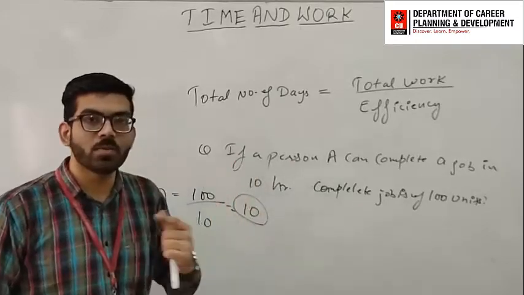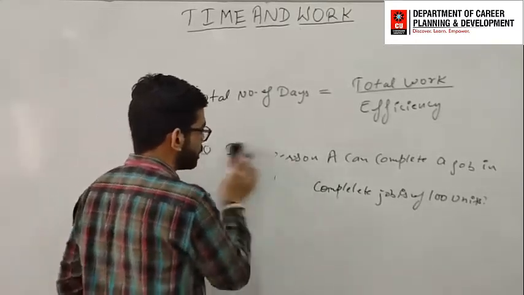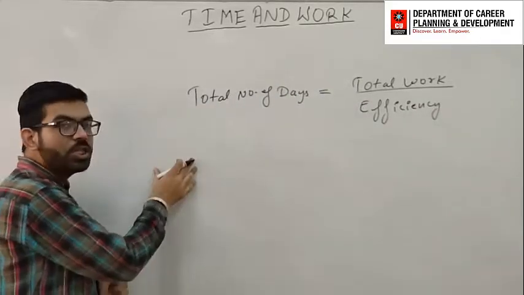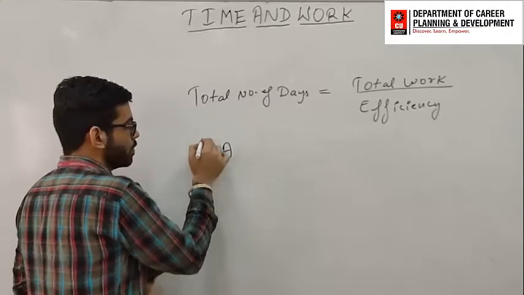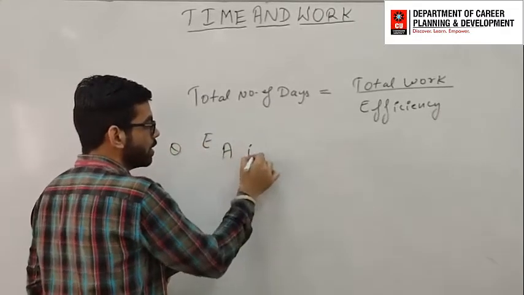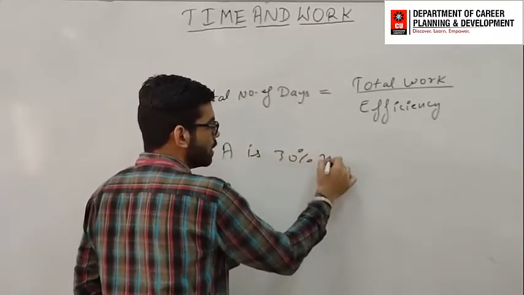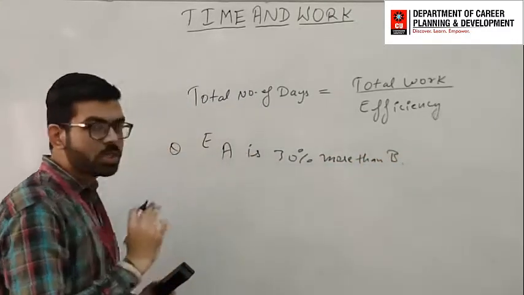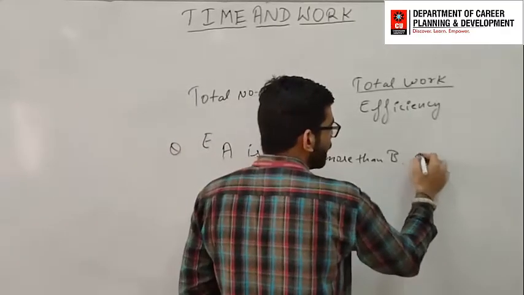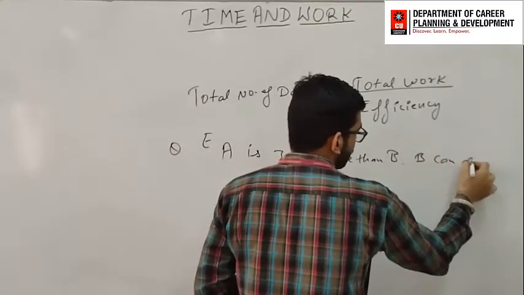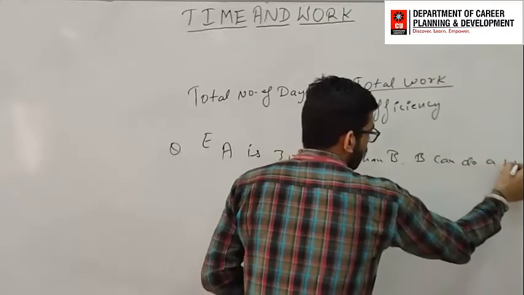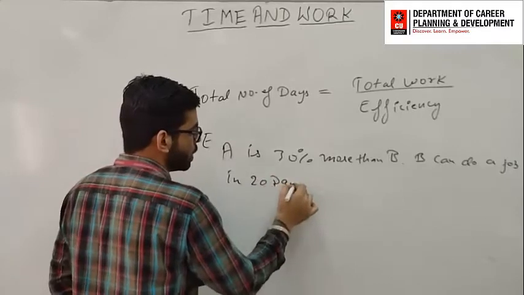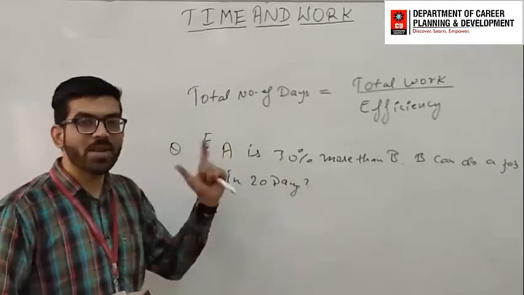If efficiency is given in terms of percentage, I am writing a short question. If the efficiency of A is 30% more than B, and B can do a job in 20 days, then find out how many days A will complete the job.